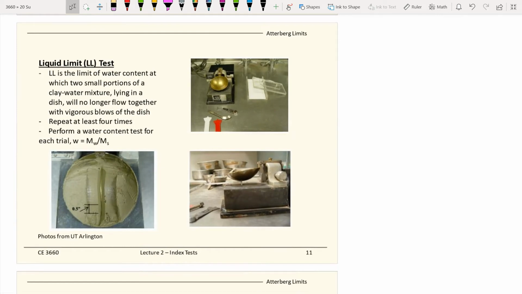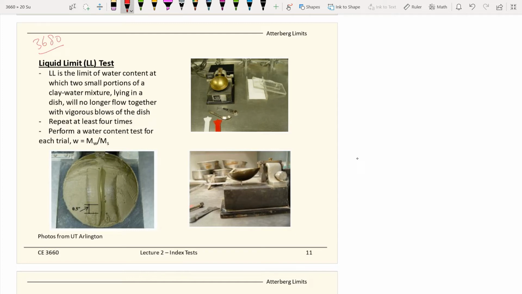Okay, we don't have too much time for this. So the Atterberg limit tests, the details of the testing and the equipment, all that knowledge we will talk about in 368, the Geotech Lab class.